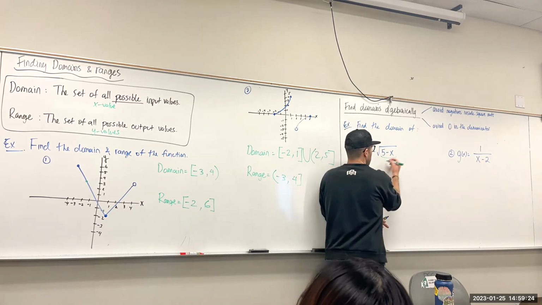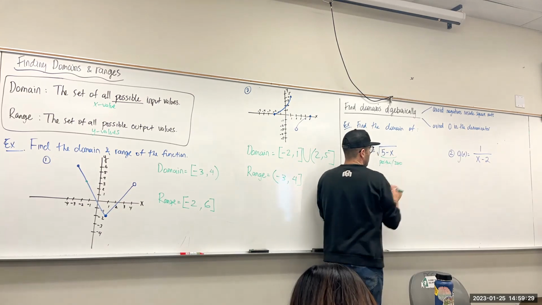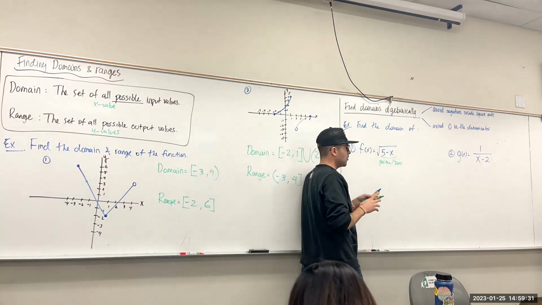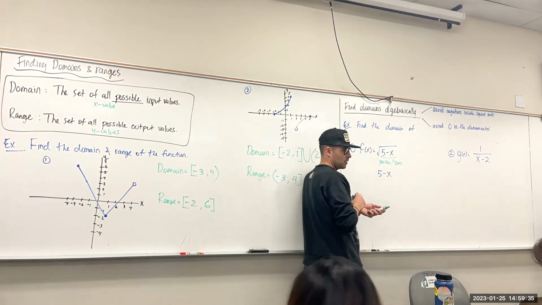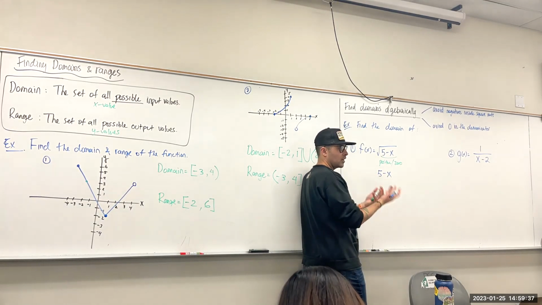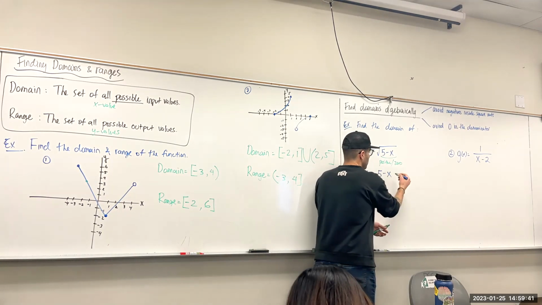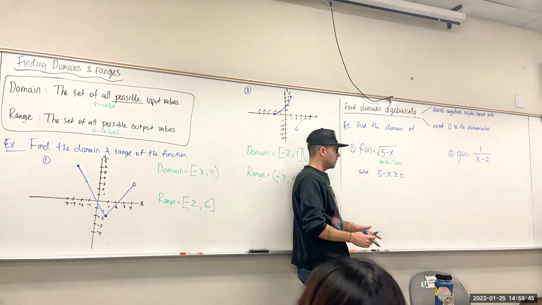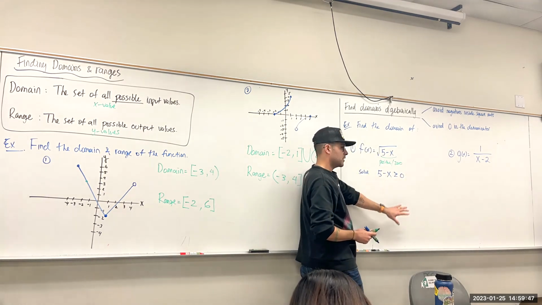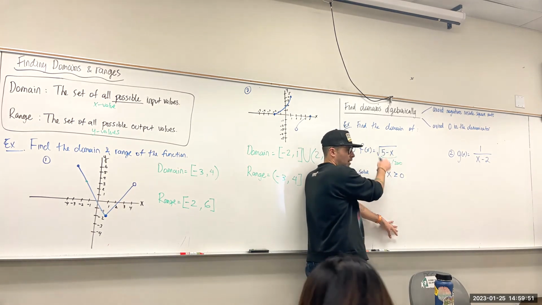I need this to be positive or zero. How do I write that mathematically? How do I write that I want 5 minus x to be positive or zero? Greater than or equal to 0. You introduce an inequality. So you need to solve this inequality here. By solving this inequality, it's going to tell you the X values that will guarantee you to get a positive or a zero in there.